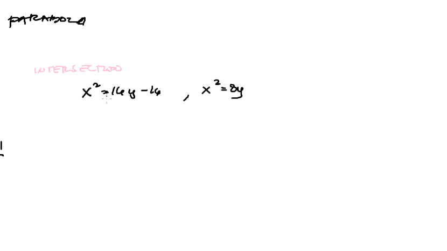Since x squared is equal to 8y, let's replace this x squared with 8y. So we have 8y is equal to 16y minus 16.